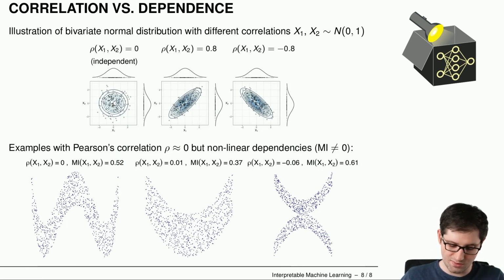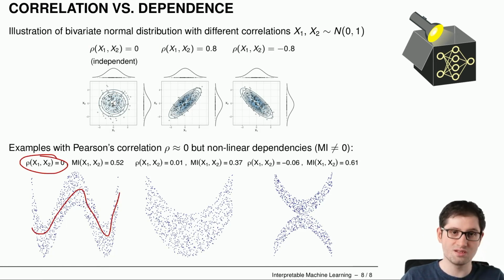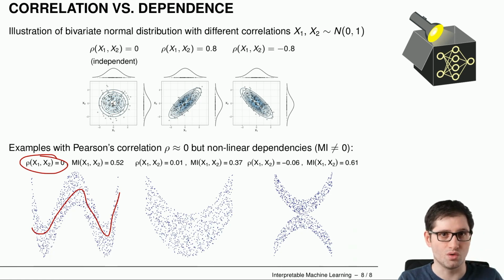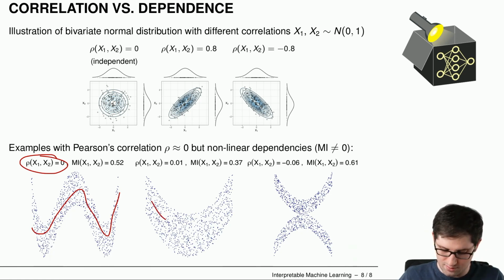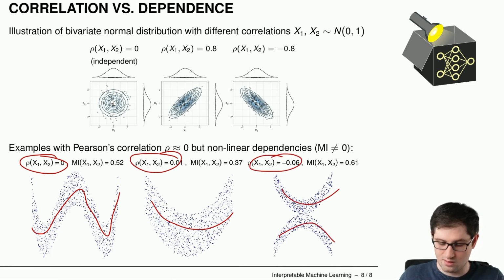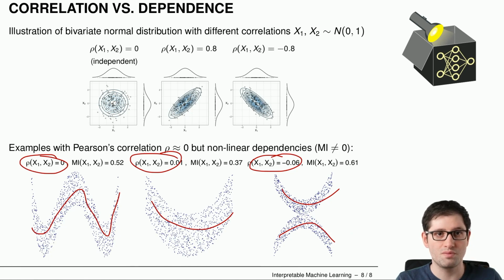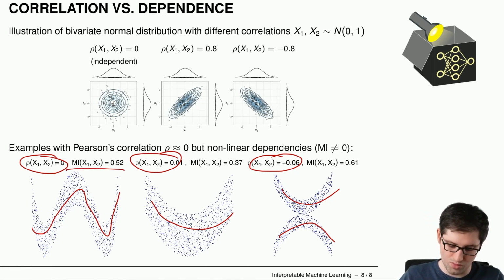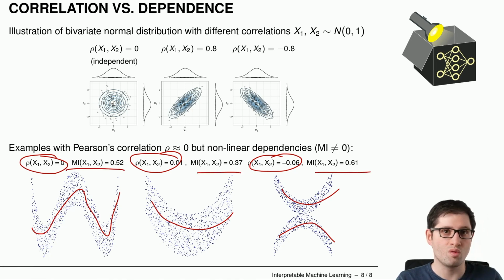There are cases where we clearly see visually a dependence structure, like here, but the Pearson correlation gives us a value of 0, and here as well, or close to 0. This is again a thing to keep in mind: the Pearson correlation is not able to measure nonlinear dependencies. The mutual information, for example, would show us a value greater than 0, meaning that it would tell us that there's some kind of dependence here.